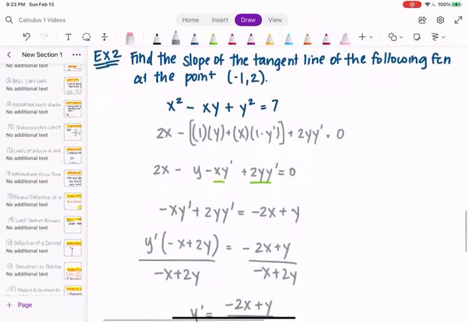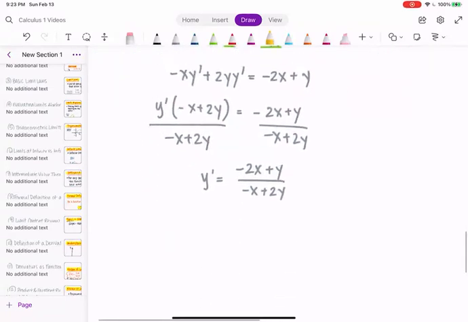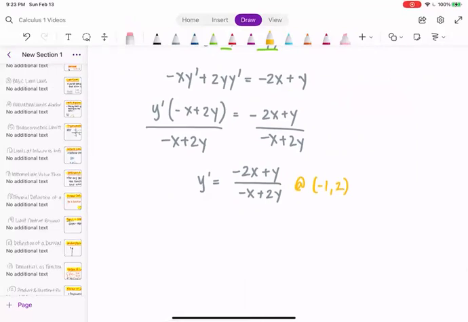But it's asking us for the slope of the tangent line of the following function at the point 1, negative 1, 2. So just like if we were to take the derivative of a function and plug in the value for a, if it was asking us before to find the slope of a tangent line, we would plug in the x value. Here our derivative function has both x's and y's, so it gave us a whole coordinate, like an xy coordinate, to help us solve for that slope.